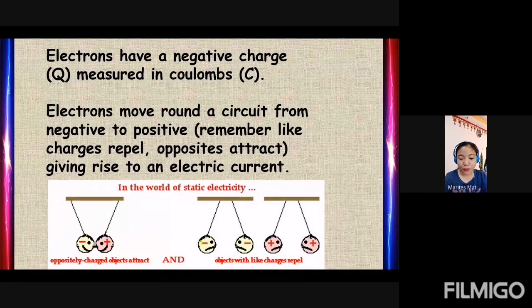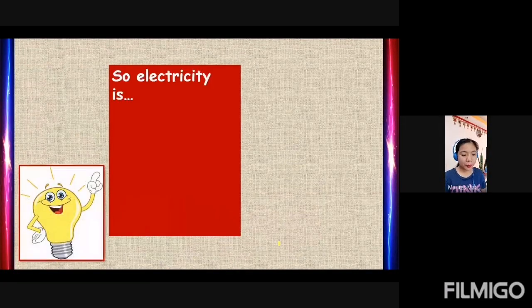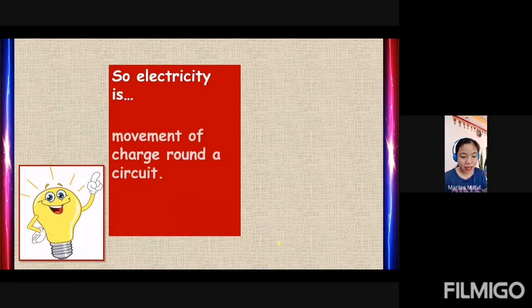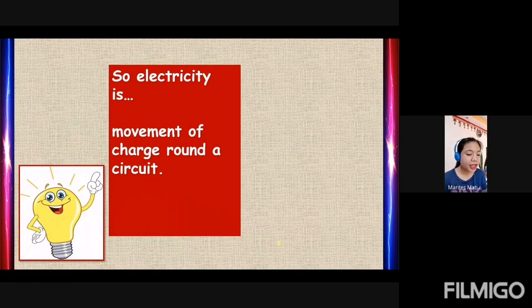But if we bring negative and negative together, or positive and positive together, they will repel. So that's according to static electricity. We repeat repel and attract so that we understand it well.